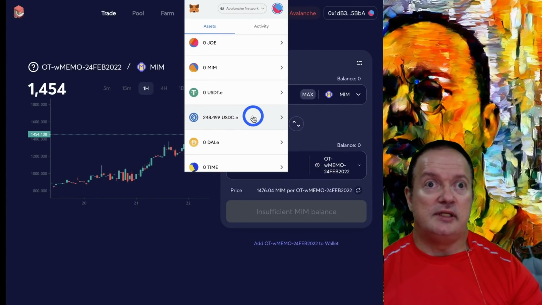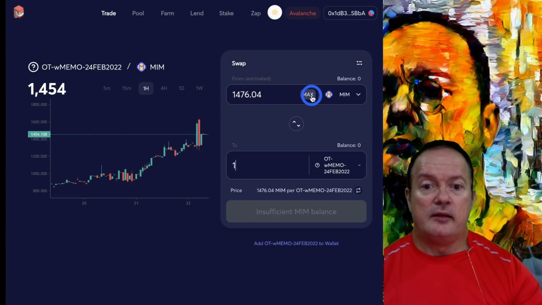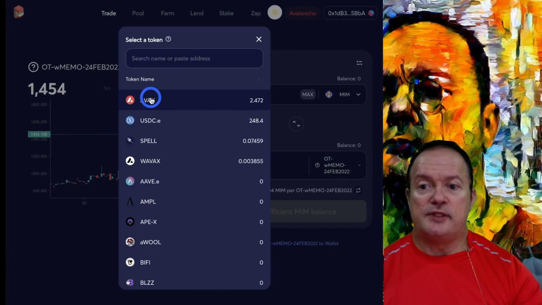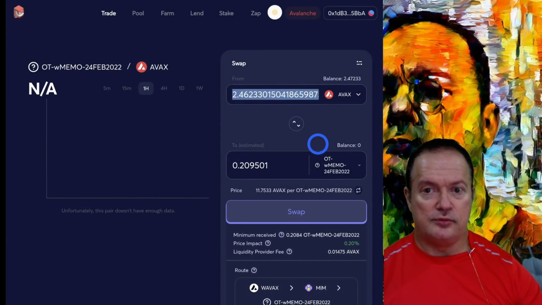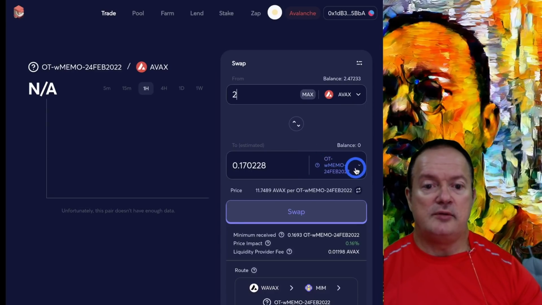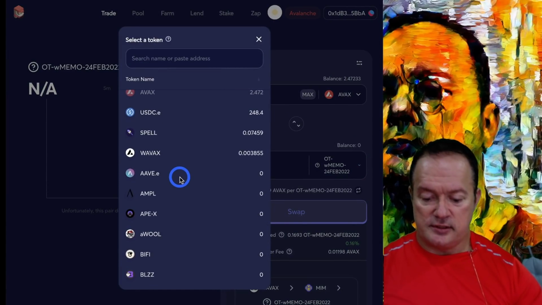So let's try it. Okay, so we're going to buy some MEMO. So first thing first, let's change the token. So we're going to go back to AVAX. I'm going to use 2 tokens, not all this, 2. And I'm going to change this to get some TIME.